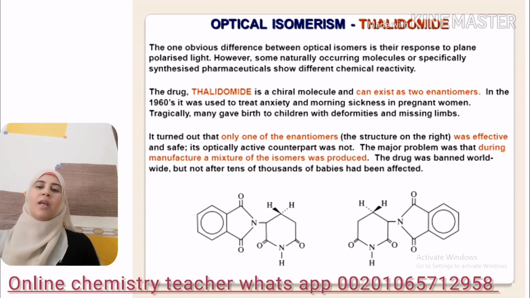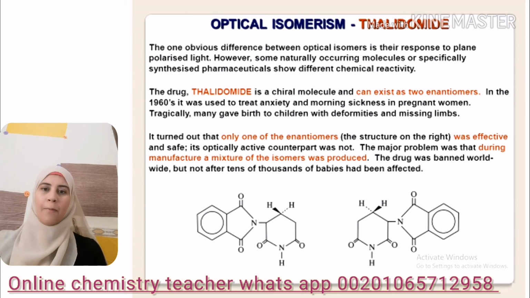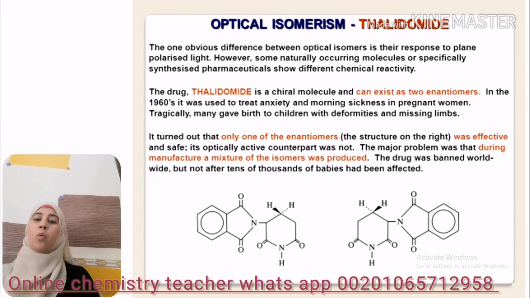The same applies in the case of our optically active isomers. Thalidomide is one of the chemical compounds widely used before in pharmaceutical applications. It is a highly polarized compound.